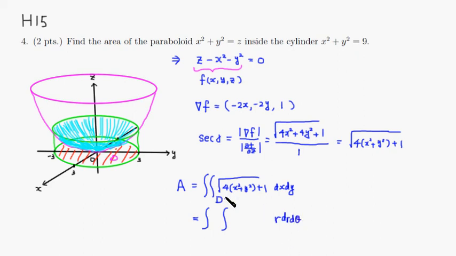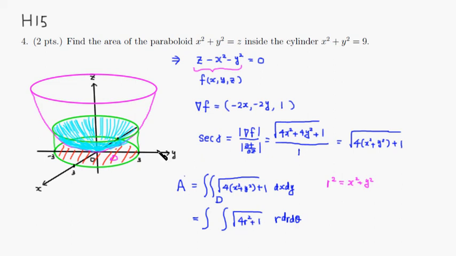Remember that r squared is the same as x squared plus y squared, so we can rewrite this as the square root of 4r squared plus 1.